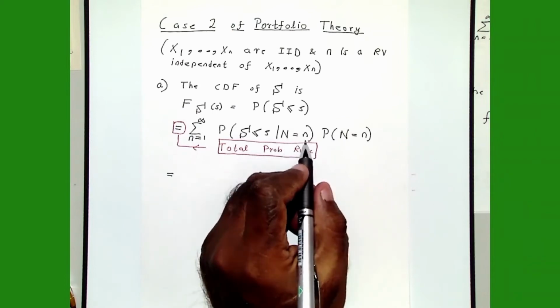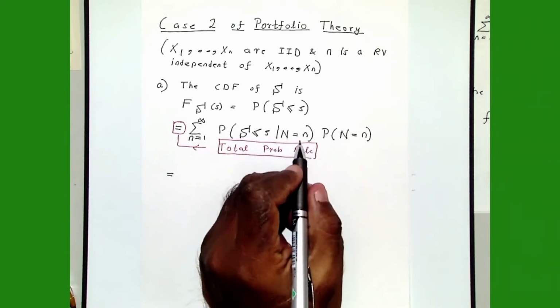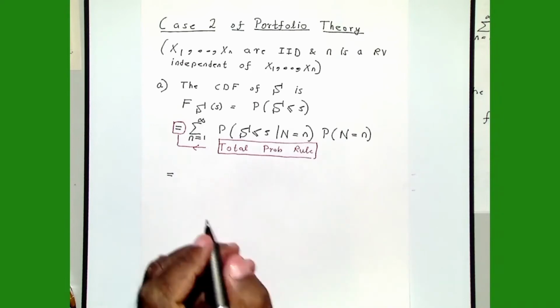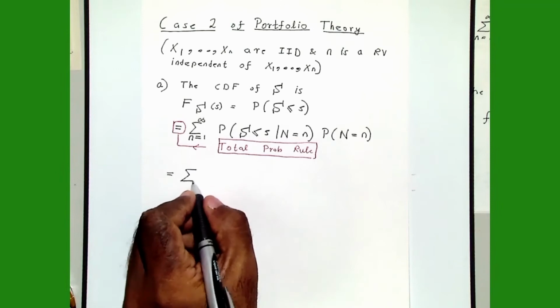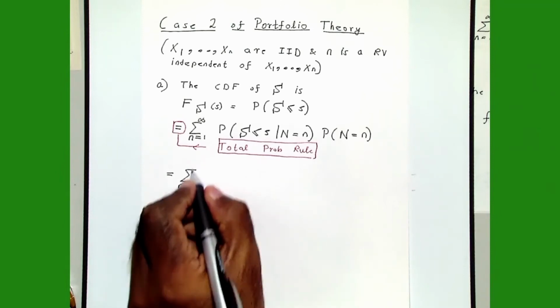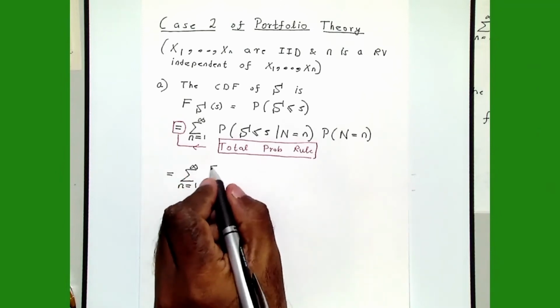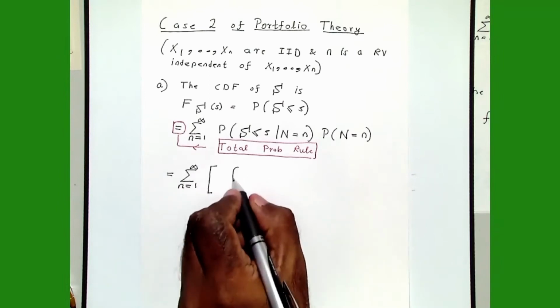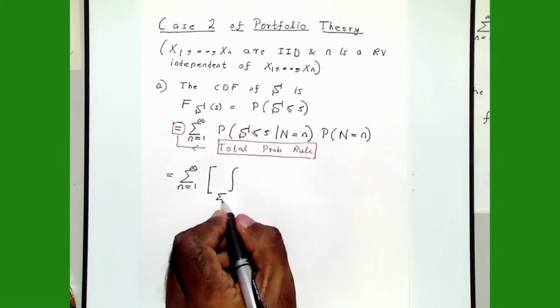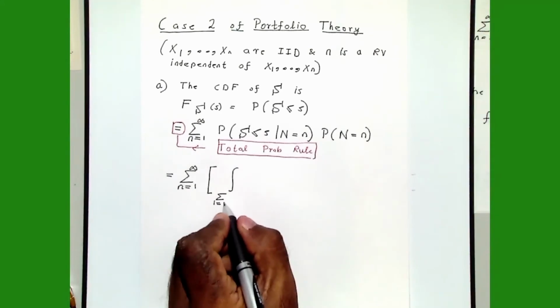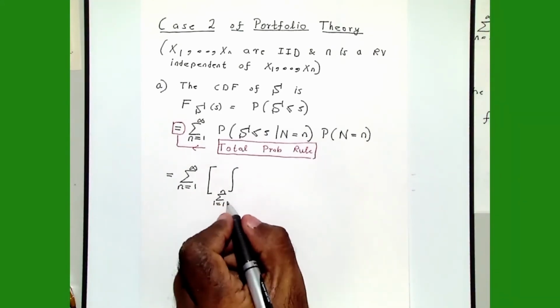When capital N equal to little n, we are fixing the number of investments. So because of what we got in case 1, we can replace the conditional probability by simply this.